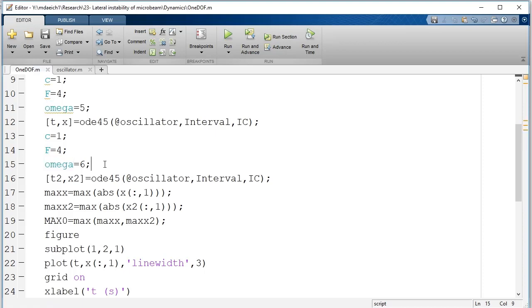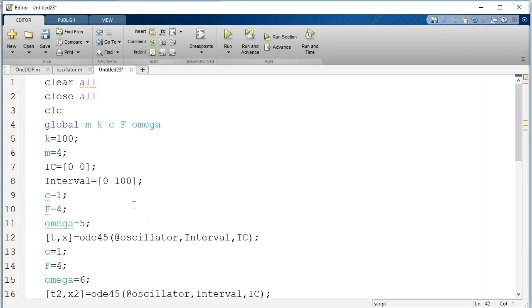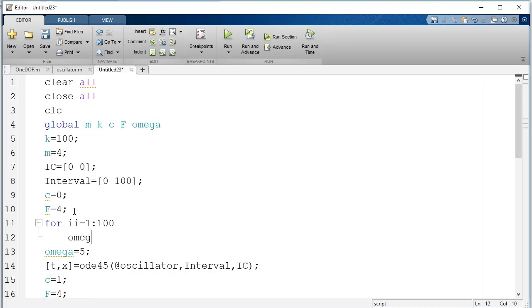So let me put the pad aside and get the keyboard. Basically what I want to do, let's just copy this code here. We want to do a frequency sweep. So let's put damping equal to 0, for example. And for omega, I would say for ii equal to 1 to 100, let's say omega is equal to ii over 10.